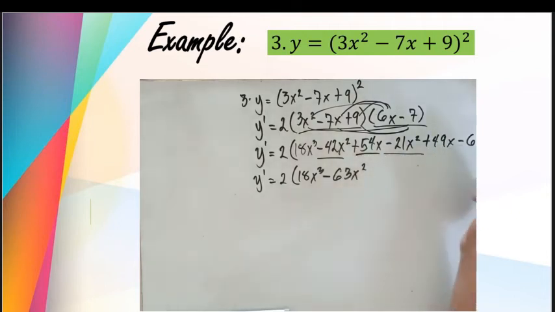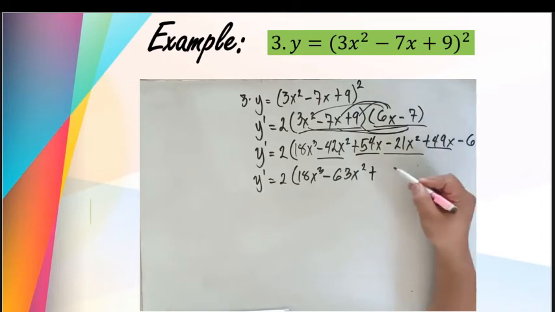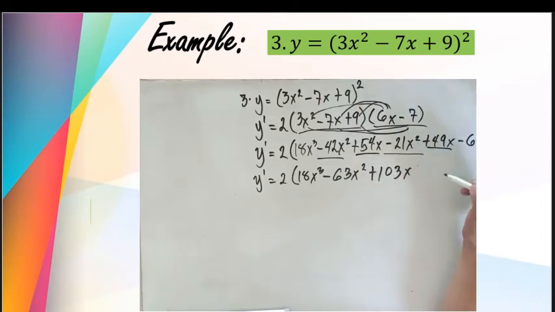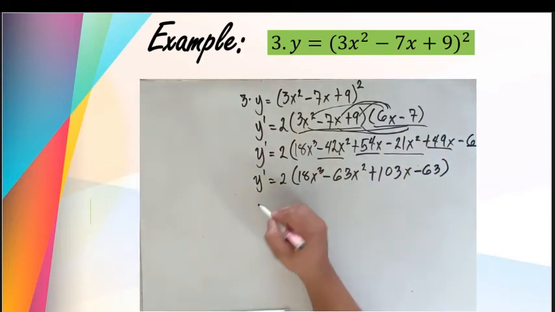We have 54x and we have 49x, and that is equal to positive 9, 3, carry 1, that's 103x, and we have 63 there. No partner, so just copy negative 63.